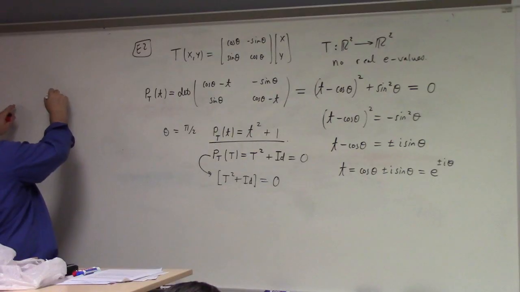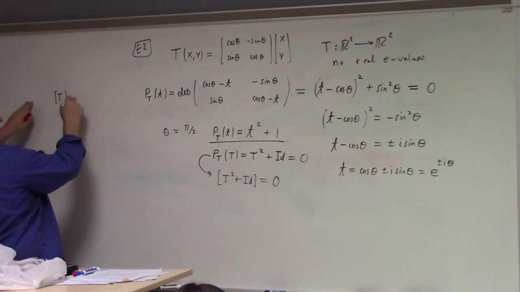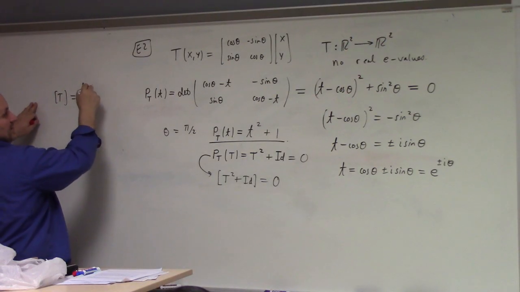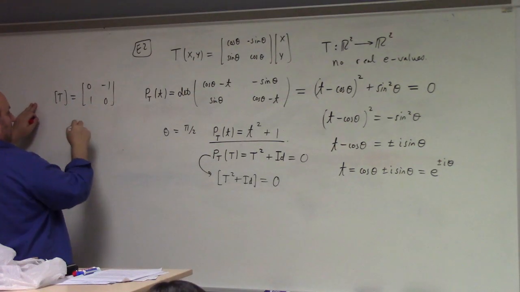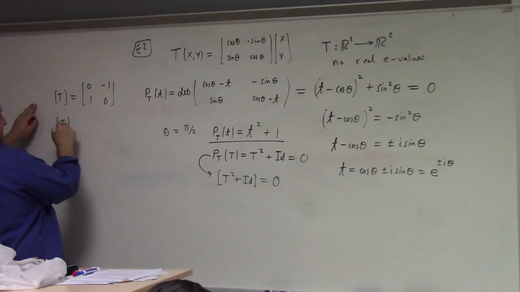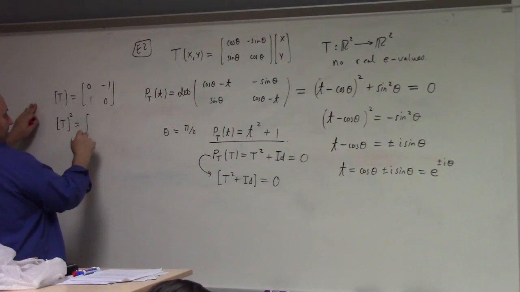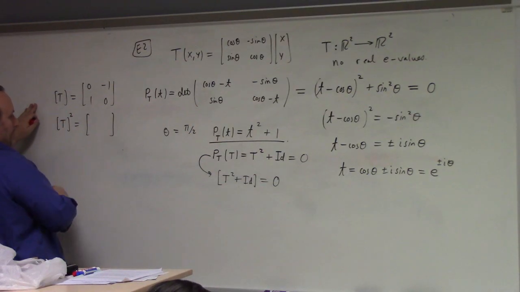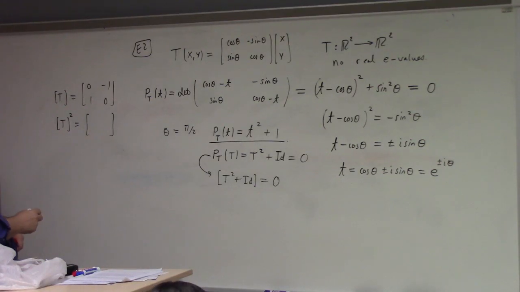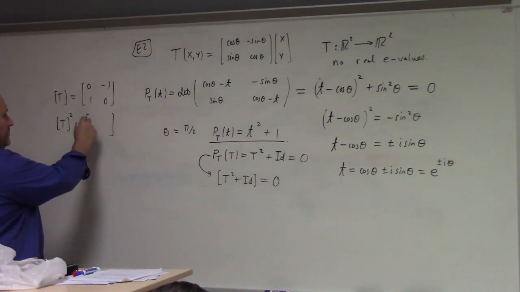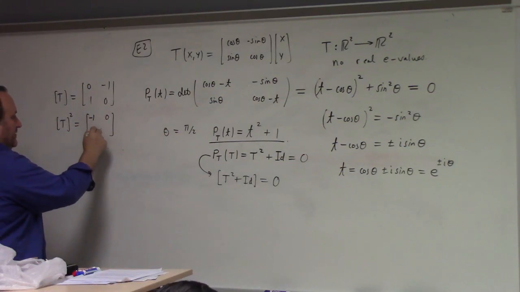The standard matrix of T here with my theta equals pi over 2 choice is 0, minus 1, 1, 0. What's that matrix if we square it? I think I get minus 1, 0, 0, minus 1.